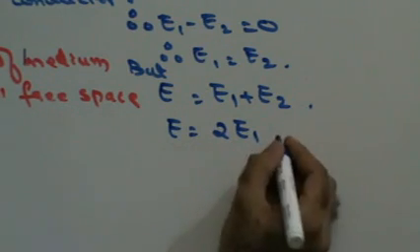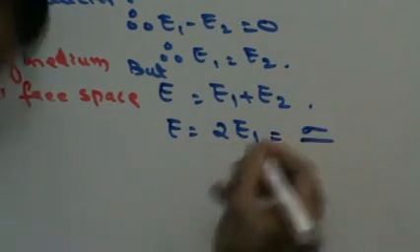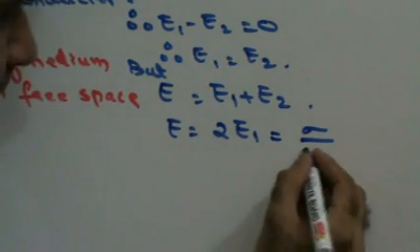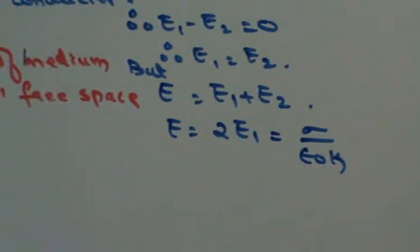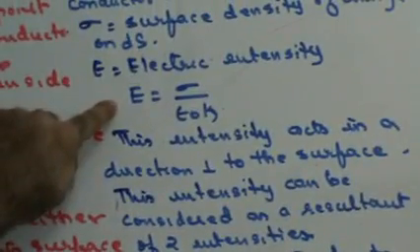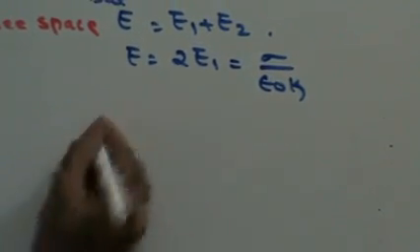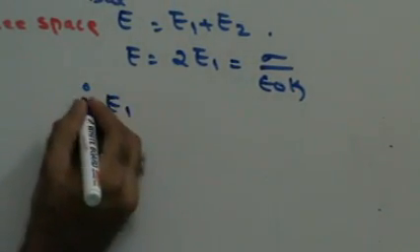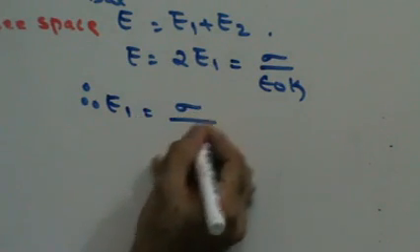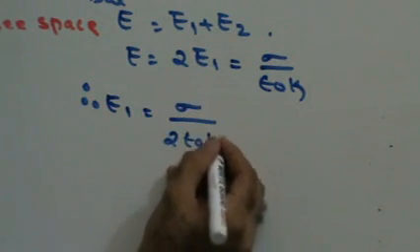Right in the beginning I had said, guys, E is equal to sigma upon epsilon 0 k. Therefore, 2E1 is equal to sigma upon epsilon 0 k. Hence, E1 is equal to sigma upon 2 epsilon 0 k.